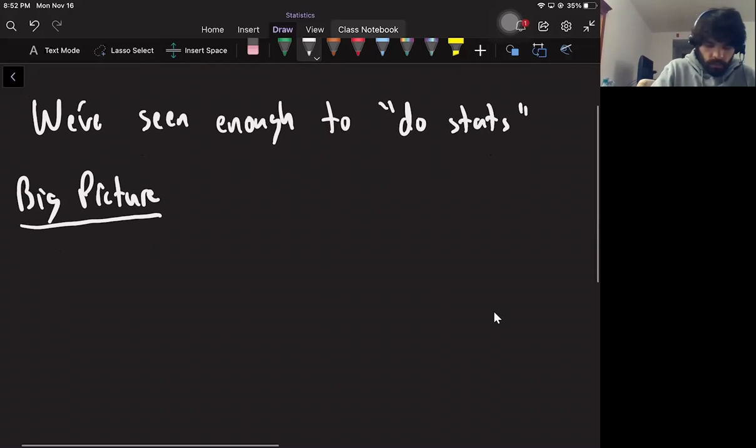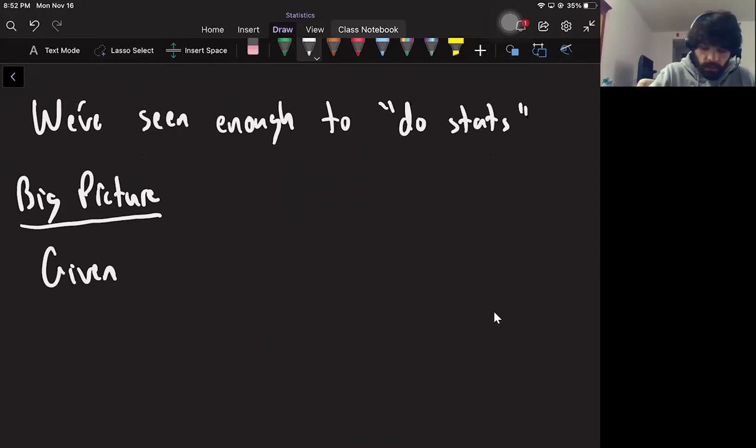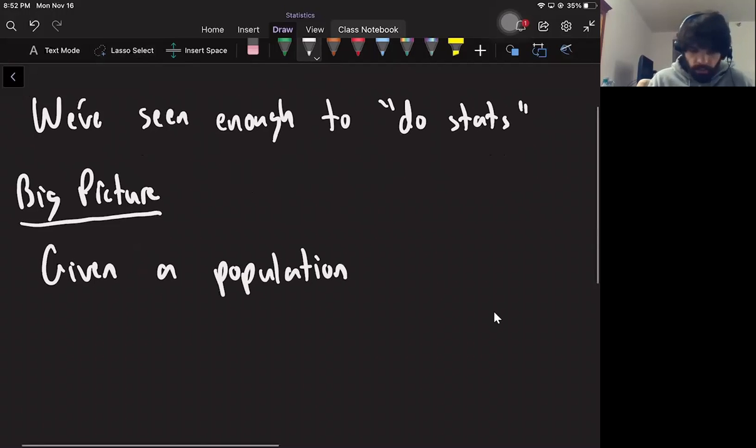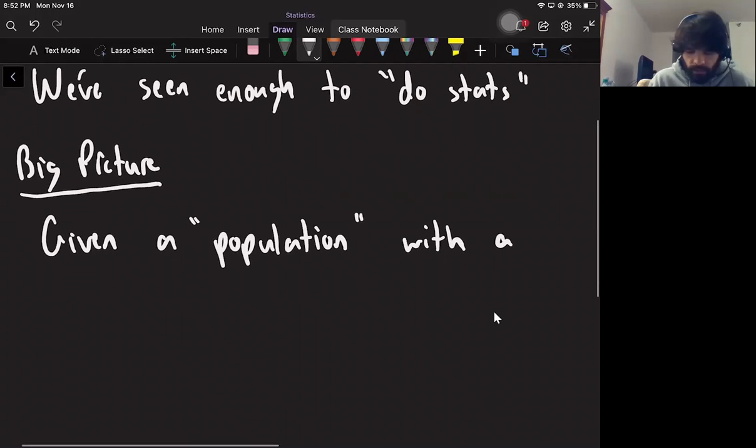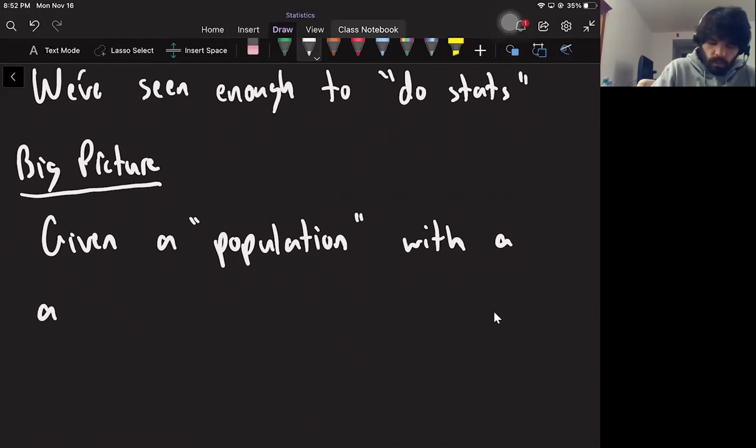So the idea is that we're trying to study populations. So given a population, this is a word we haven't really used, but it just means a group of things to study with some sort of number associated to it that you can find the mean of. So it has to have a mean.